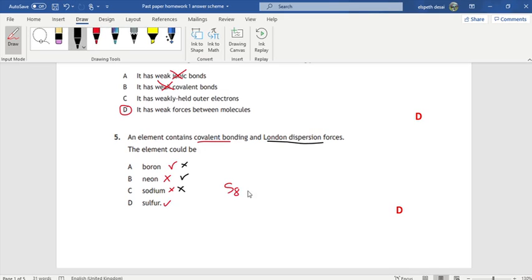But then, and you should remember this from page 8 of your notes, all molecules have also got London dispersion forces as a weak force of interaction between the molecules. So sulfur is the only one of these elements that contains both covalent bonding and London dispersion forces. That's why the answer is D for that question.